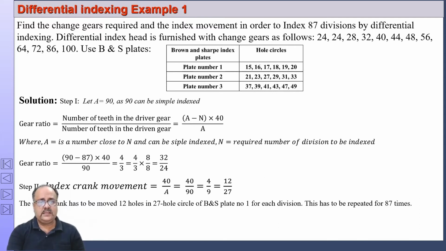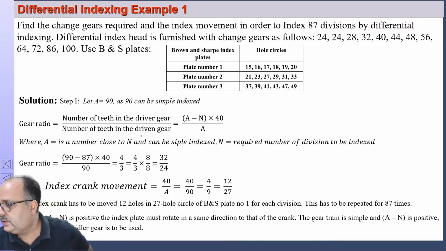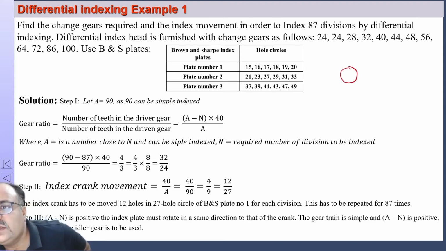This is a simple gear train, and A minus n is positive, so only one idler gear has to be added. One idler gear has to be added because you want to rotate the index plate in the same direction. If two gears are added here, and this rotates in this direction, this will rotate in the opposite direction.